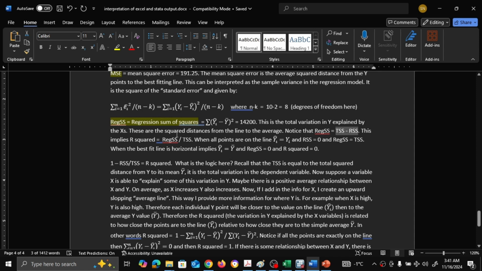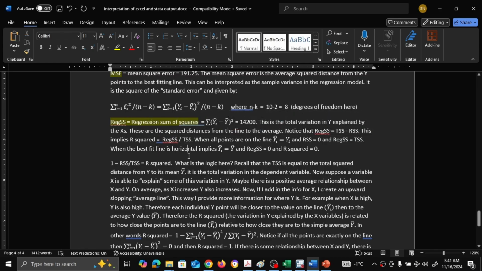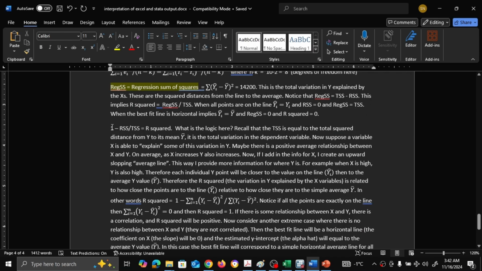And therefore, notice this implies that the r squared is kind of a standardized reg SS because I divide by the total SS. Okay. So this is the r squared. Also, the r squared is 1 minus RSS divided by TSS.